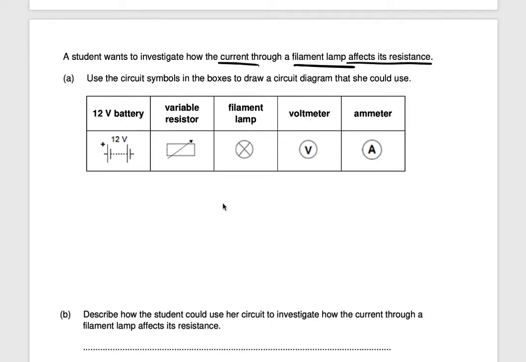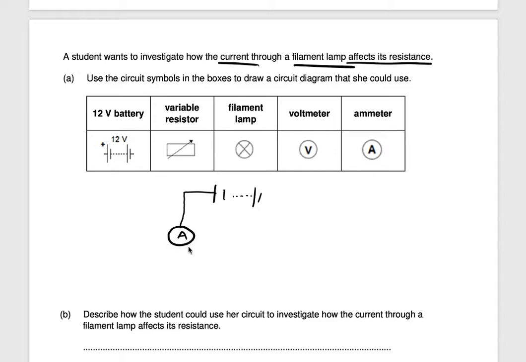So we're going to use a battery to start off with. Okay, so we're just going to use a 12 volt battery like this, and then we're going to connect it to an ammeter.